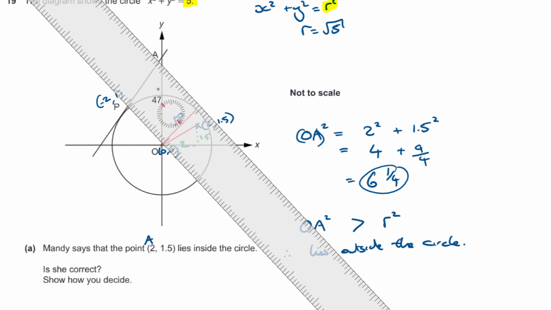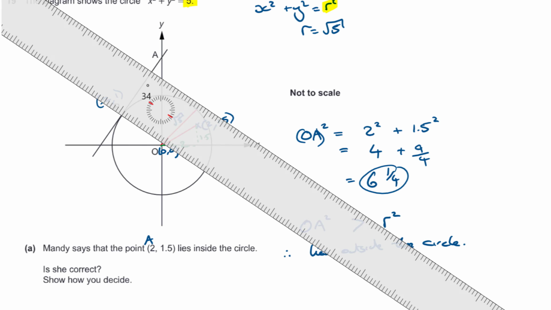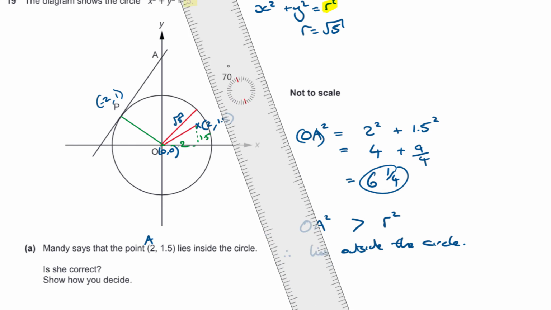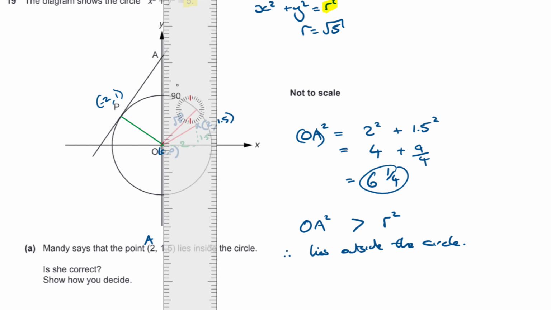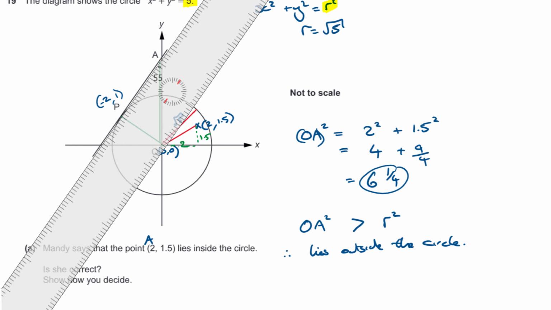So from P to O, let's just draw that line in. Let's just draw this triangle actually. We want this triangle that comes from here, and then from O to A, and then A back to P again.